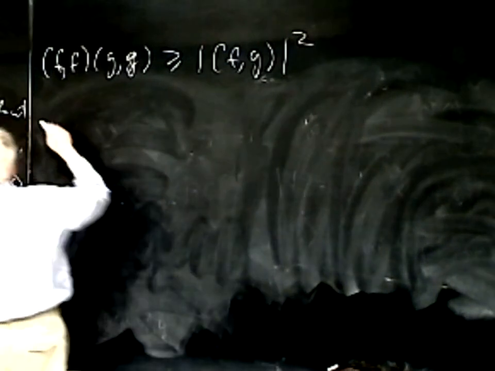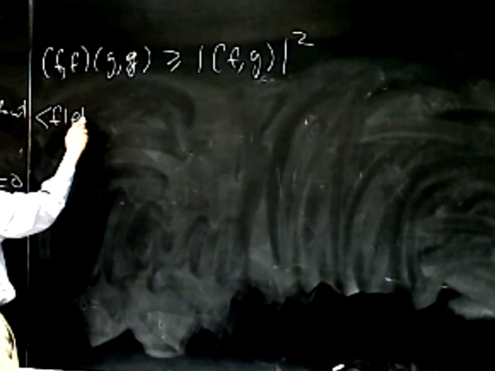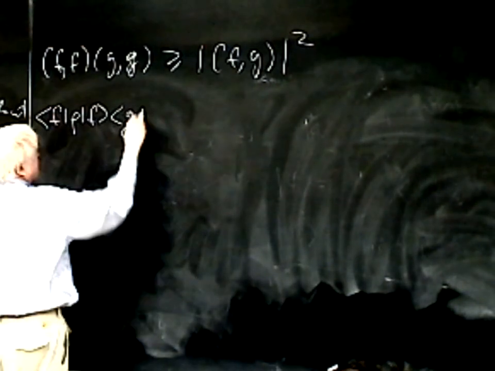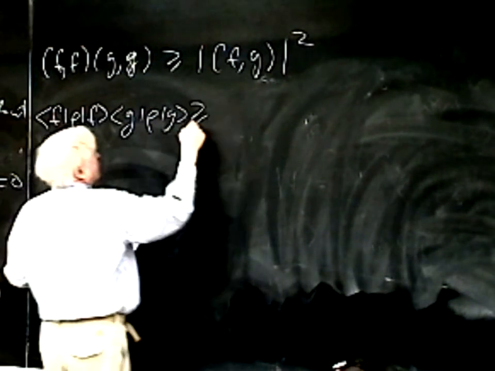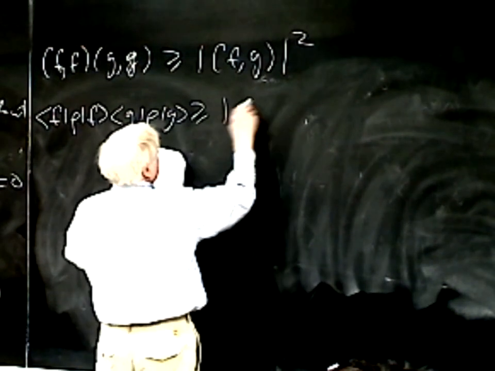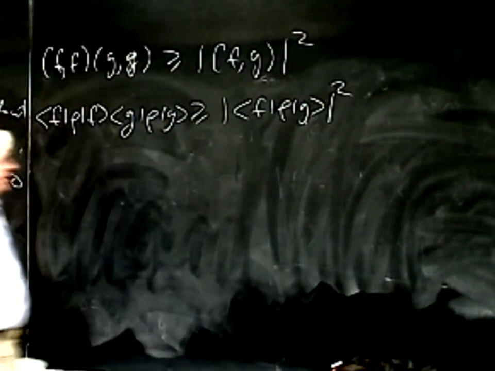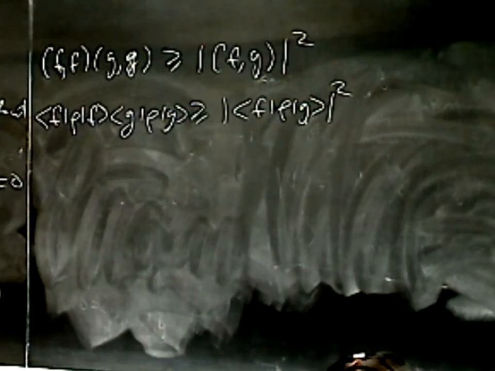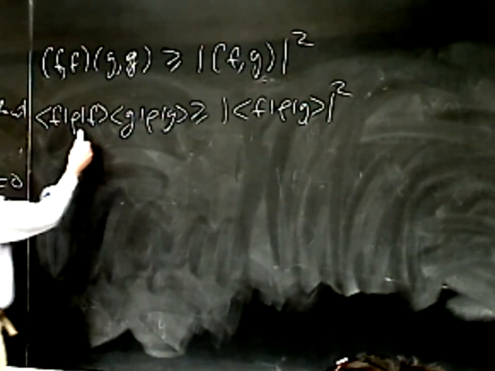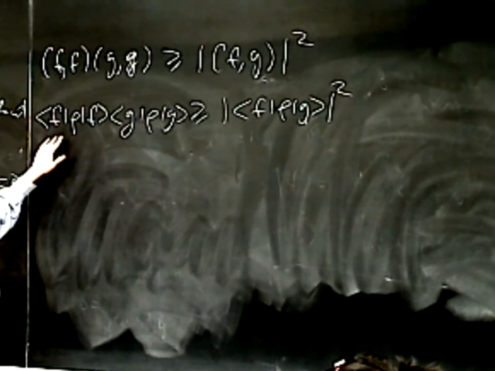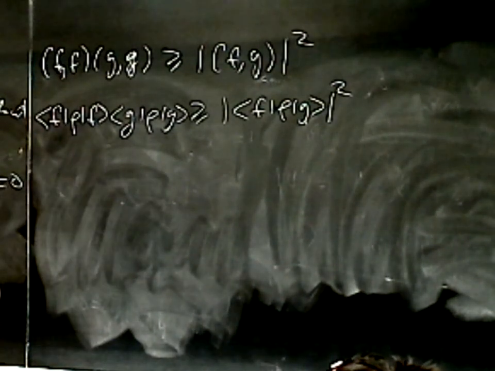So for density operators, this would be <f|rho|f><g|rho|g> greater than or equal to the absolute value of <f|rho|g> squared. What we've essentially derived here through the Schwarz inequality is a result that's true for any two states f and g, and any density operator rho. This is a perfectly general result.